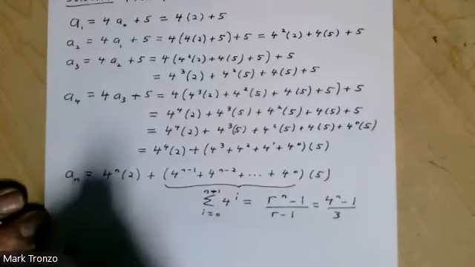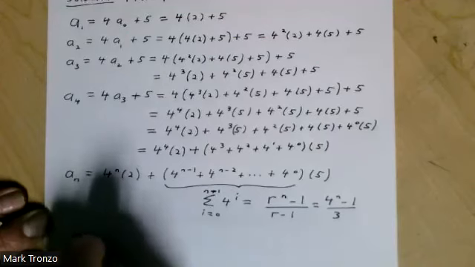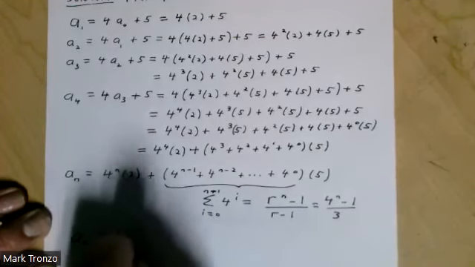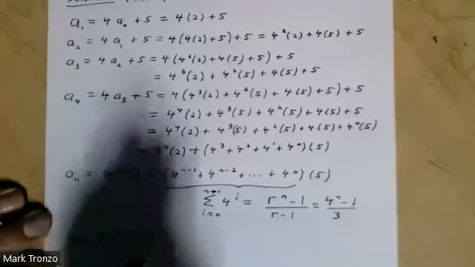So let's write this out just a little bit better. We have A to the n is equal to 4 to the n times 2. That's this part here.